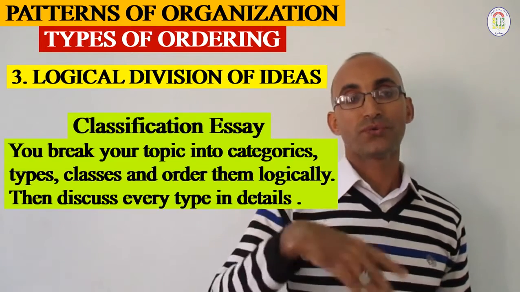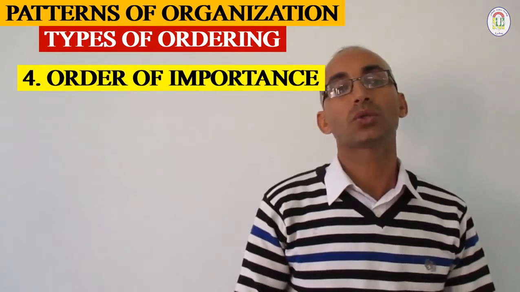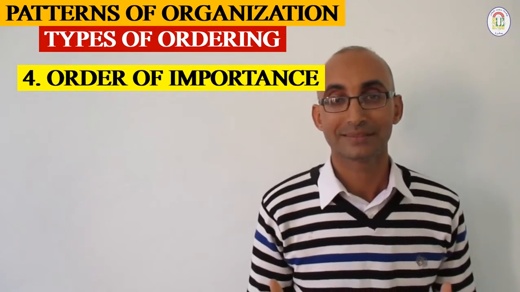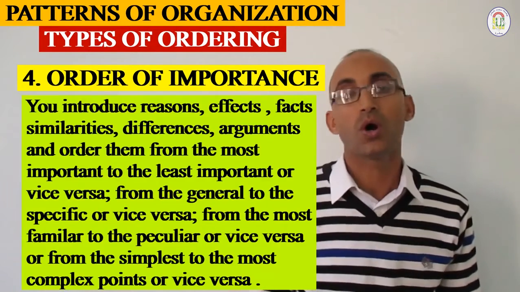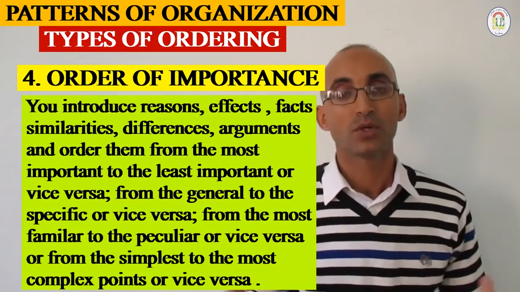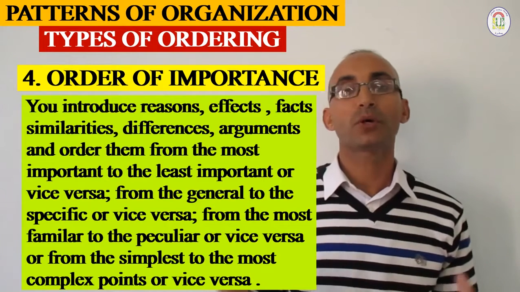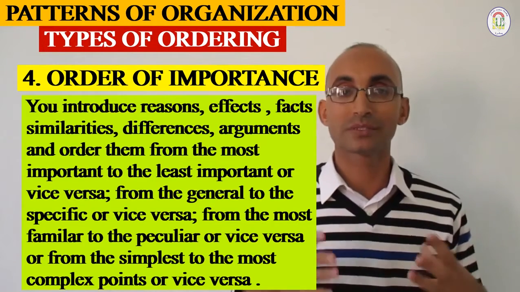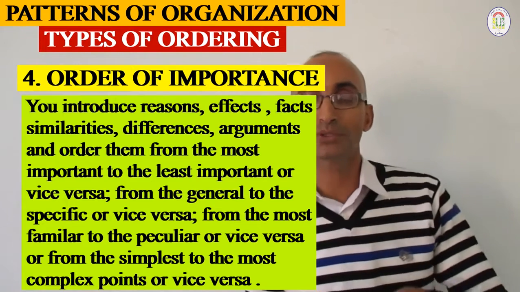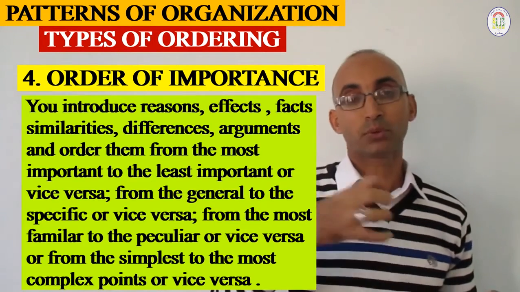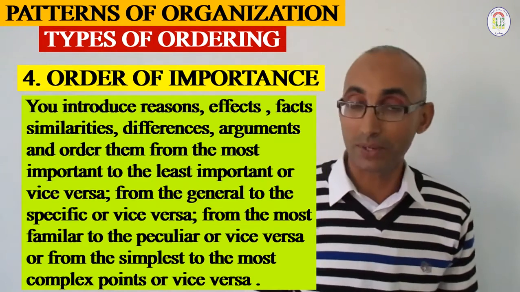Good. The fourth way of ordering is called order of importance. It means here you order your main points, whether they are reasons or effects or arguments or points of comparison or points of contrast, according to their importance, from the most important to the least important, or vice versa. Why not?